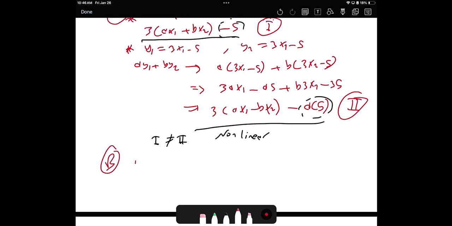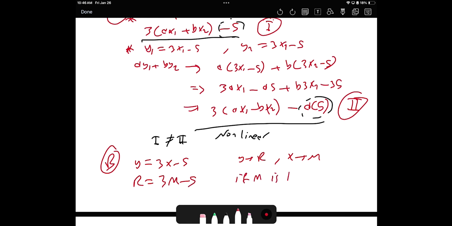The next check is whether it's stable or unstable. So again, we have y equal to 3x minus 5. Let's replace y by r and x by m. So r equals 3m minus 5. Now, the question is, if m is bounded, or limited, is there a way to get y to infinity? No way, right?